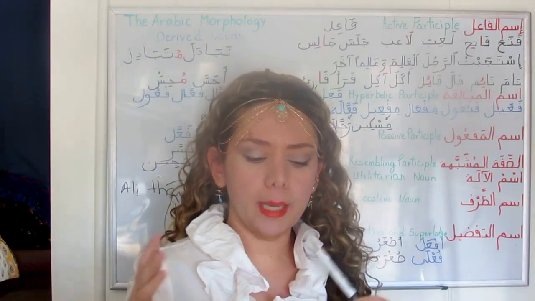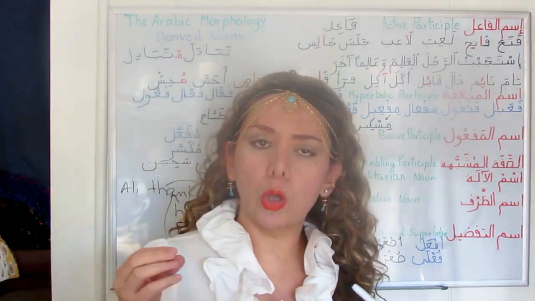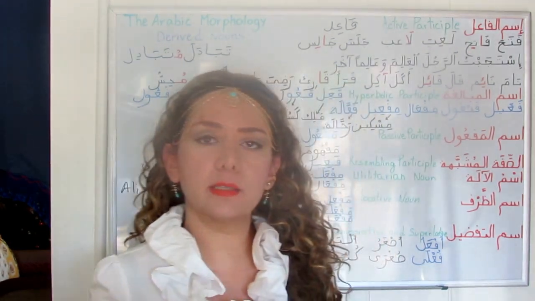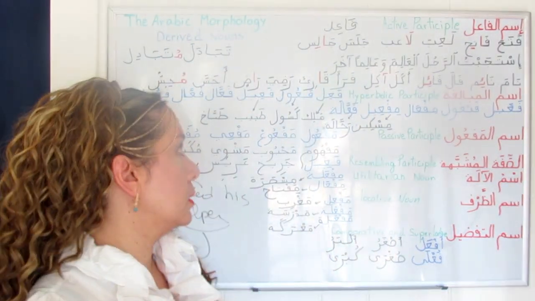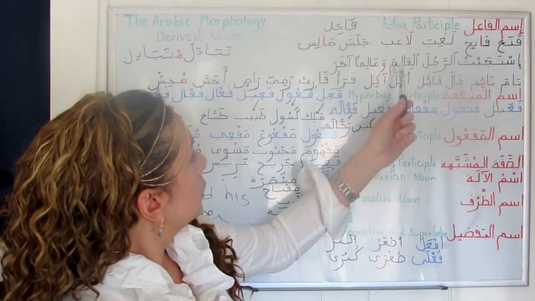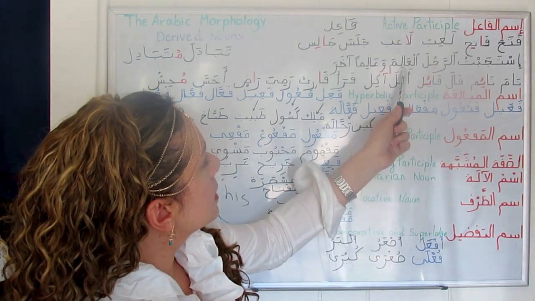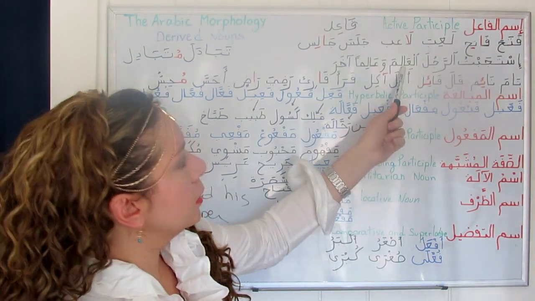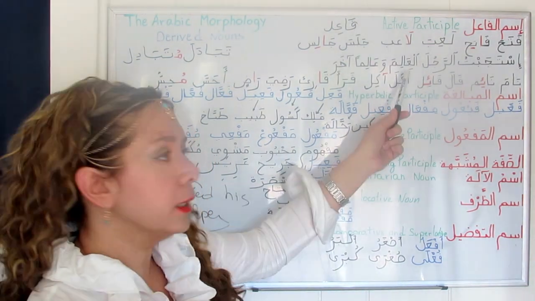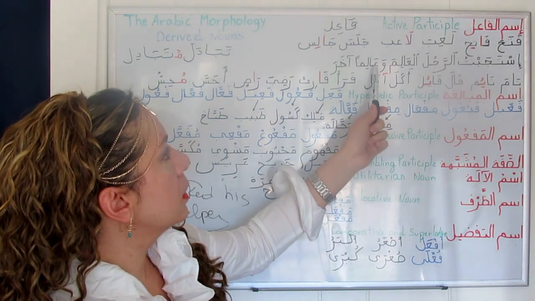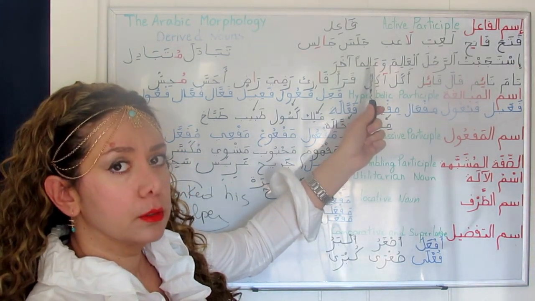I interrogated the knowledgeable man as well as another scientist. So here we have this active participle as an adjective, and the second one is a noun.